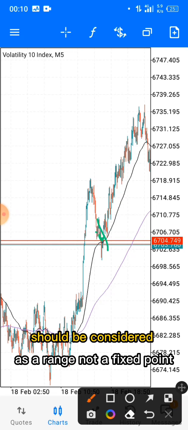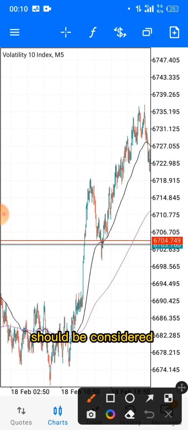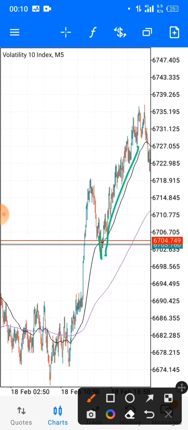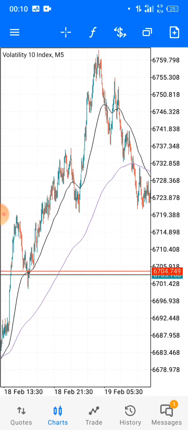Why? Because these are just an estimate. They don't react at that time, right? Most of the time it looks like it's broken the moving average, then it continues going up, but it just shows you that around the range where there's a moving average, there's a support or there's a resistance.